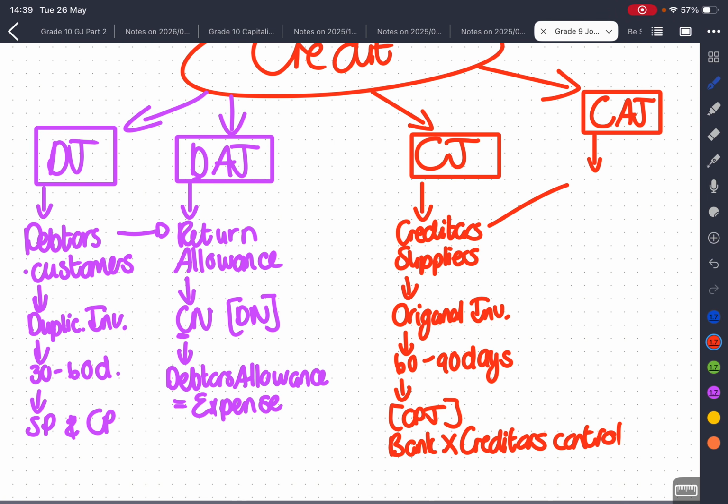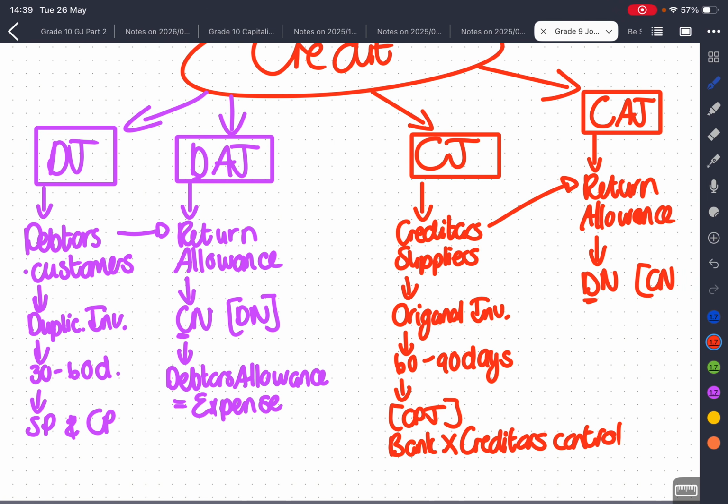Now I'm going back to the creditors and saying, oops, there was a mistake. I'm not happy. And we look at the CAJ. So there's a return or an allowance. It's basically when somebody makes a mistake, then you go to the AJ journals. So they need to give me some discount. So reverse is going to happen. Opposite of the name, a debit note. Debit note is involved because I need to do the opposite of the normal transaction.